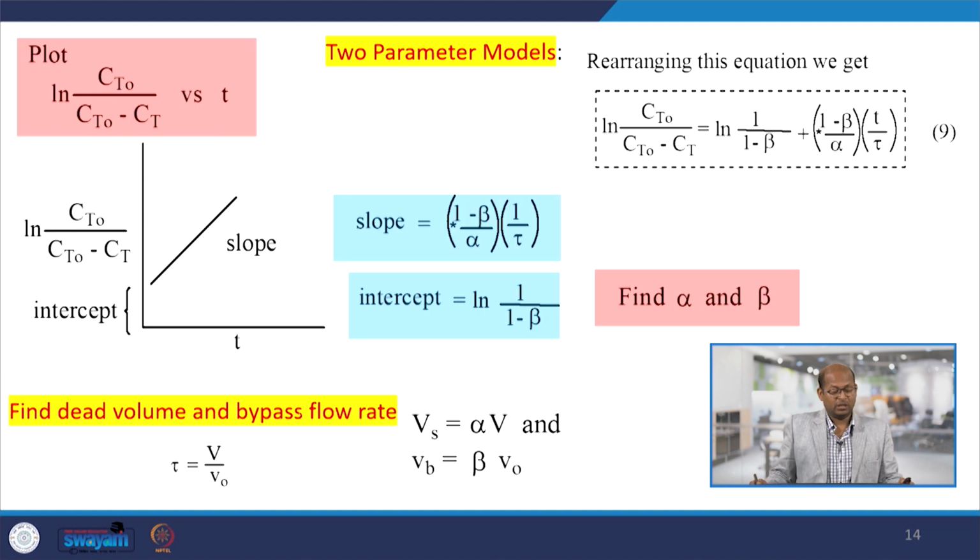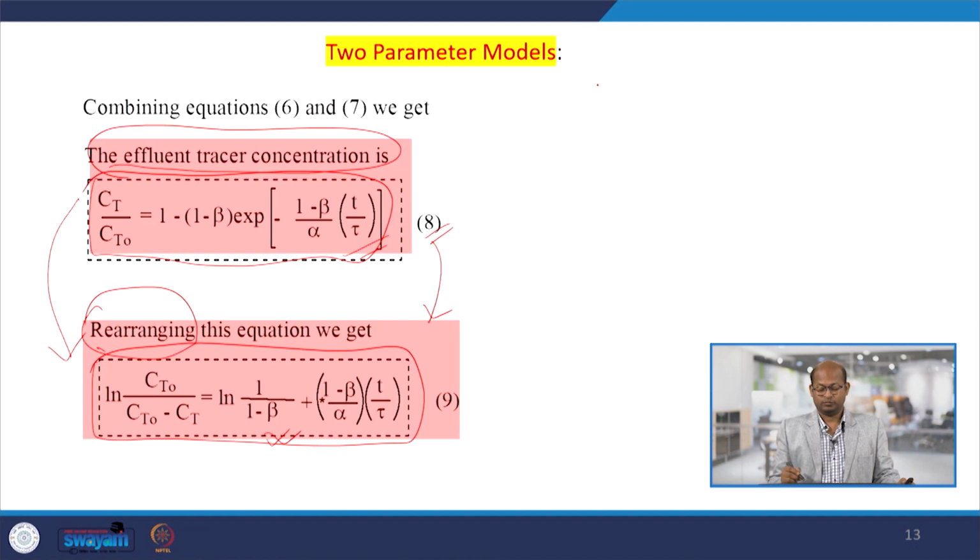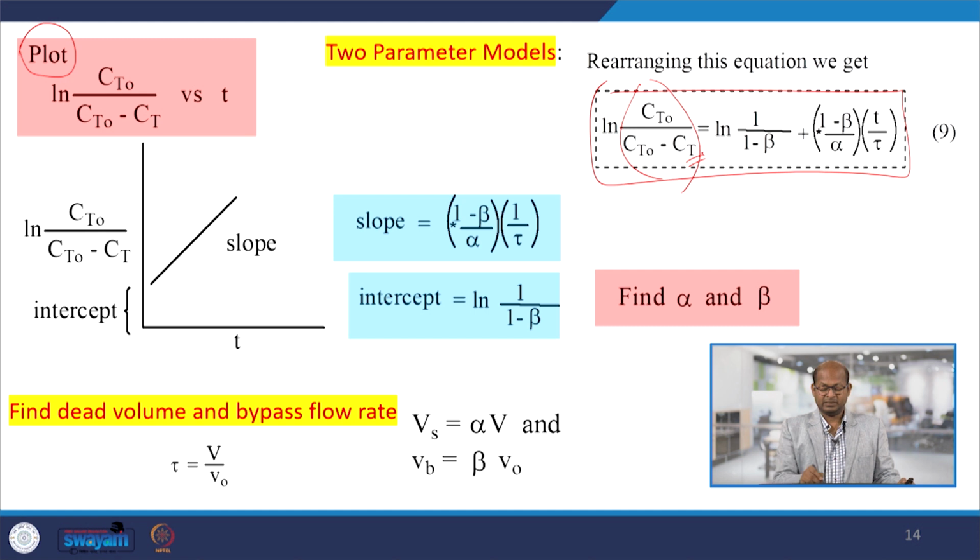Now if we plot equation 9, on the left-hand side Ct0 is the initial tracer concentration, which is known, and Ct is the tracer concentration we get if we conduct a tracer experiment at different times.